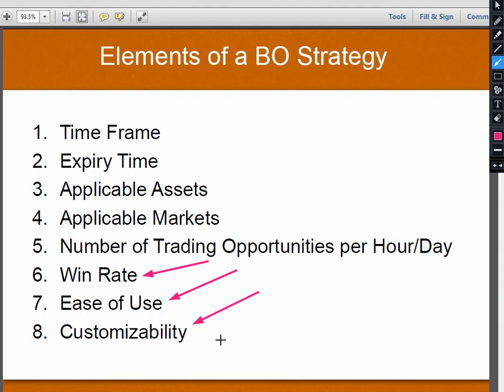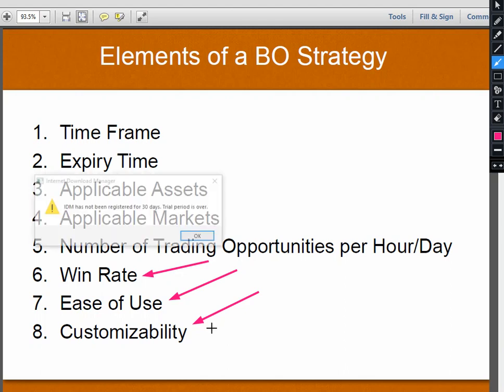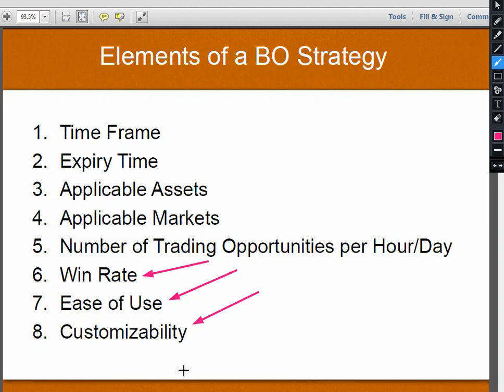Or maybe it's a strategy based on indicators and you have a bunch of moving averages on the chart and you believe you don't need many of those averages, you just remove some of them and remain with the essence, or the basic things that will tell you trend direction, for example. Or maybe you need to remove some things, add some things that will make you feel like you own the strategy. Customizability is the whole aspect of making a strategy for yourself.